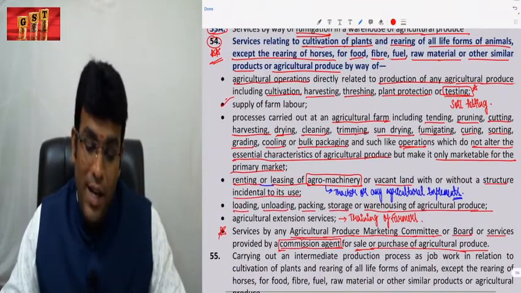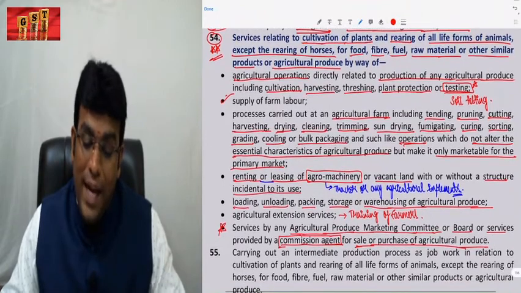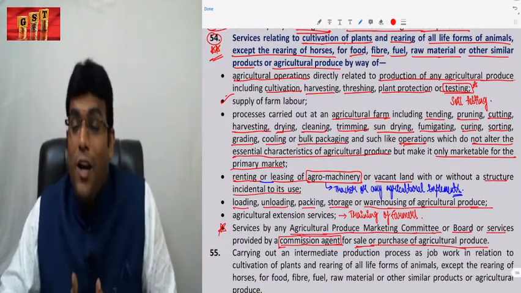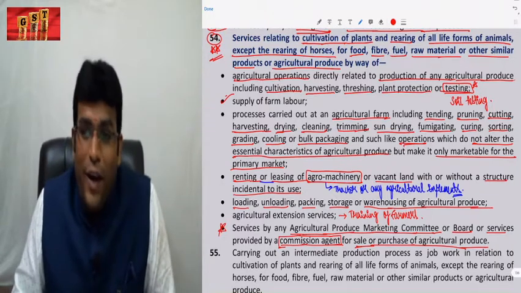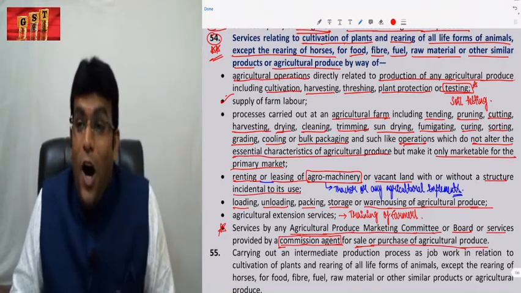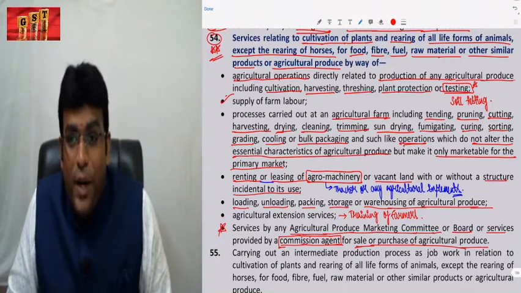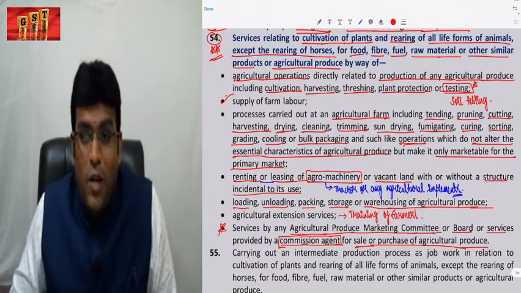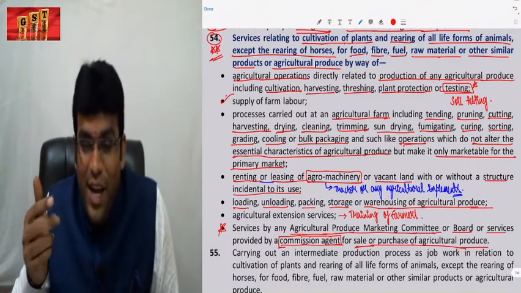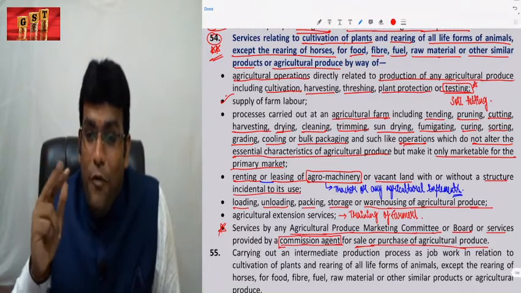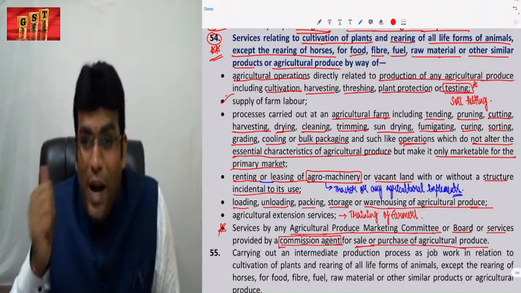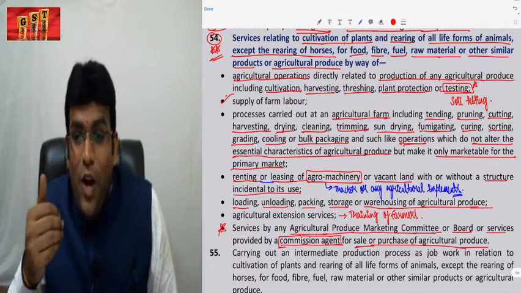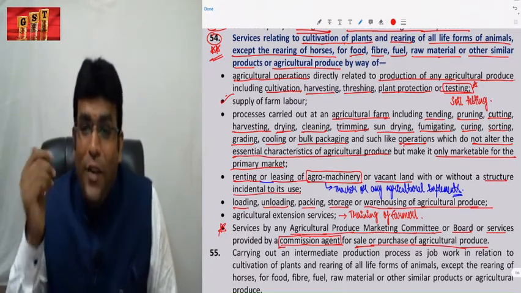Going back. Services relating to cultivation of plants and rearing of all life forms of animals except rearing of horses, for food, fiber, fuel, raw material or other similar products or agricultural produce, by way of what? First point talks about agricultural operations. Next one talks about supply of farm labor. Next one talks about process carried out at an agricultural farm. Then renting or leasing of agro machinery or vacant land.